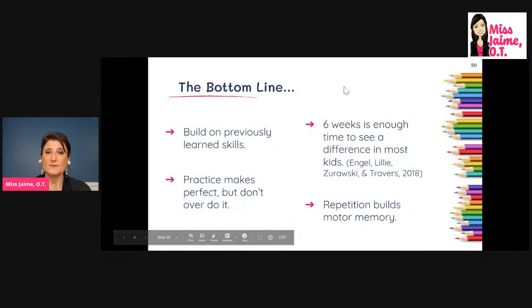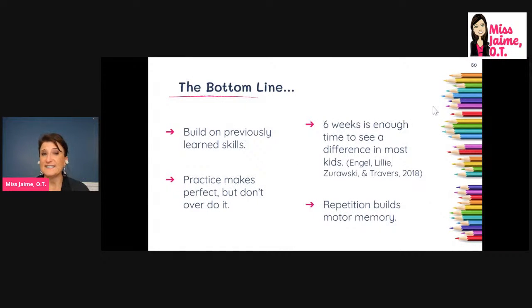Someone was asking, how long does it take for our kids to really get it? And research says that 6 weeks is enough time to see a difference in most kids. However, it depends on the kid. We all know that our children are so different, and it depends on how often you're able to practice, how the child's motor skills are, their understanding and their visual memory of the letters.